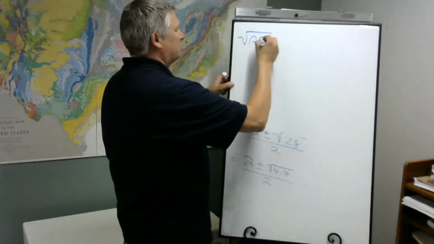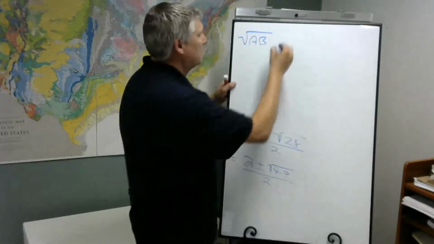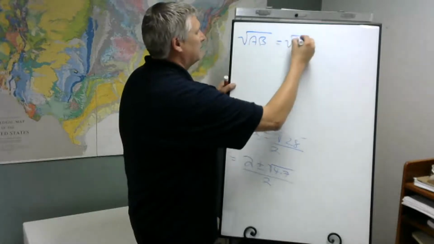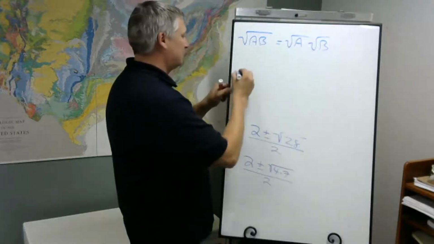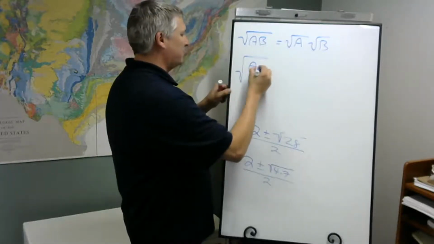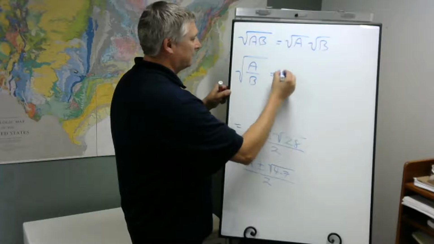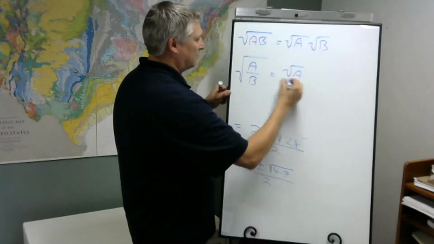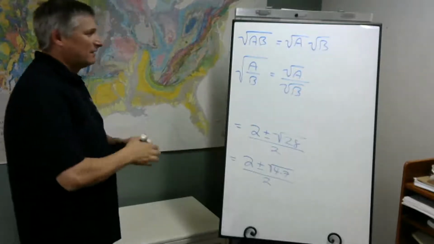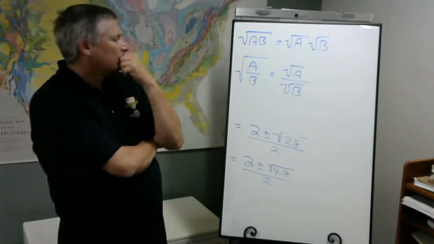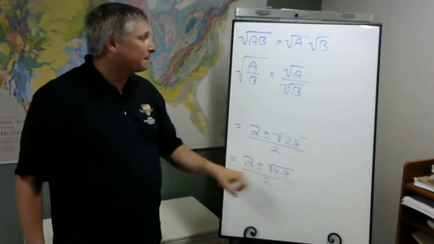Square root of a times b is the square root of a times the square root of b. And if a over b, it does the same thing. So what we're going to do is use that here.